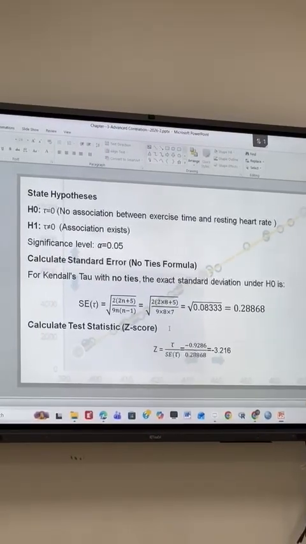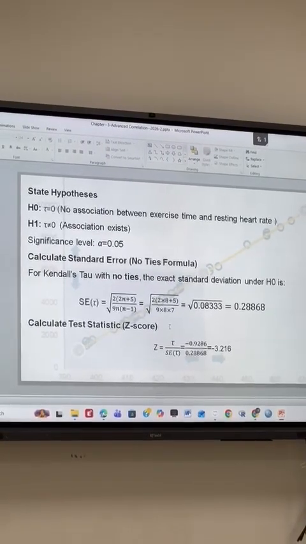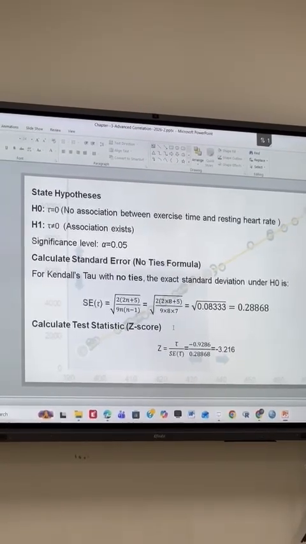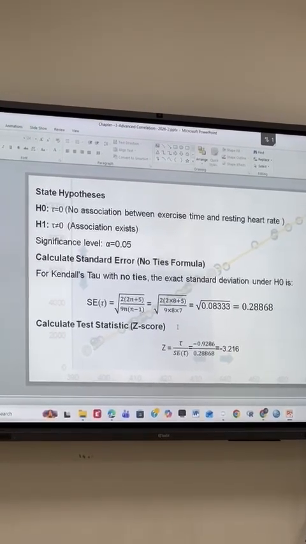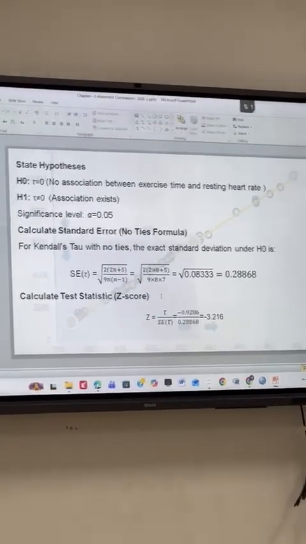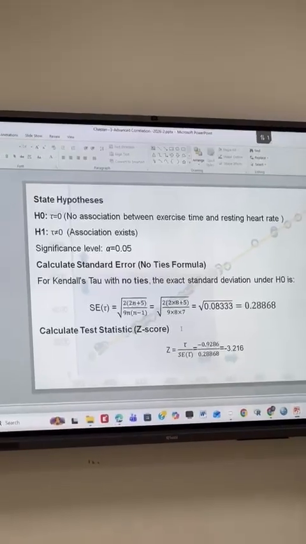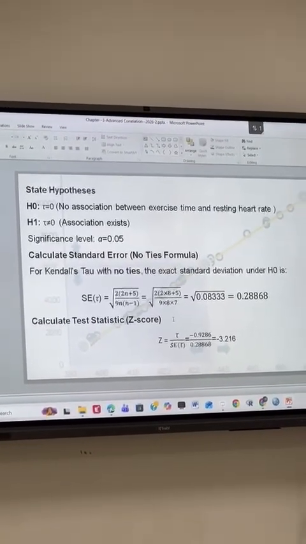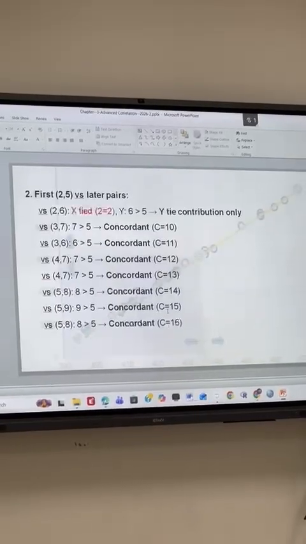What is the value of the standard error of the Kendall-Tau? What is the value of the test statistic Z? What is your decision? What is your conclusion? Maybe 7 or 8 questions. If it is not MCQ, there were 8 questions this year. Okay? That finishes Kendall-Tau.